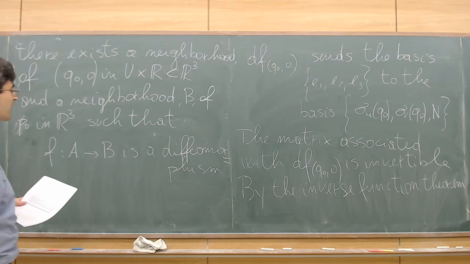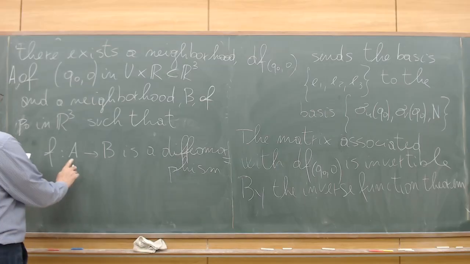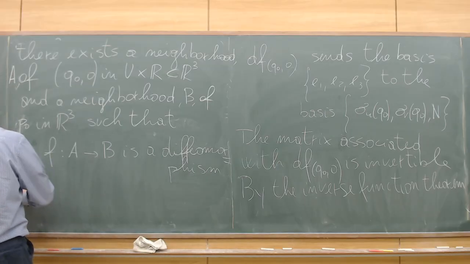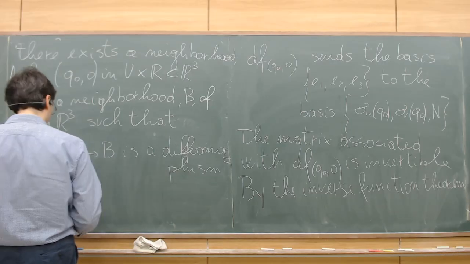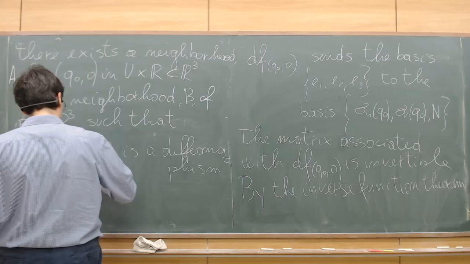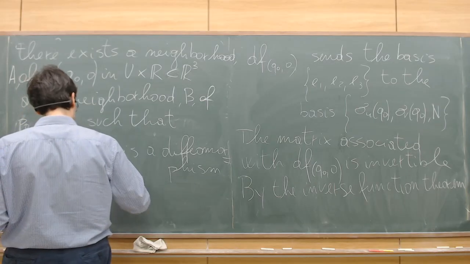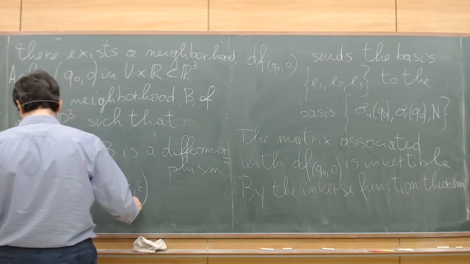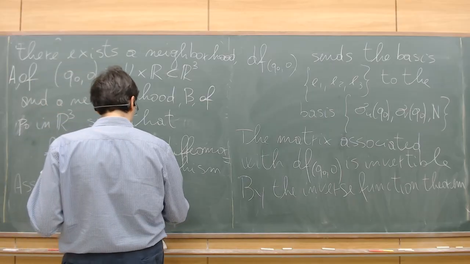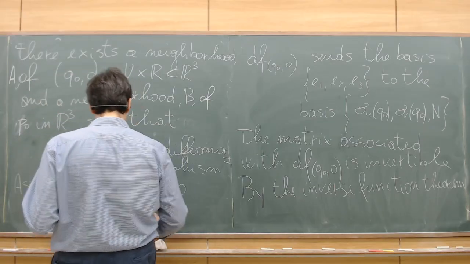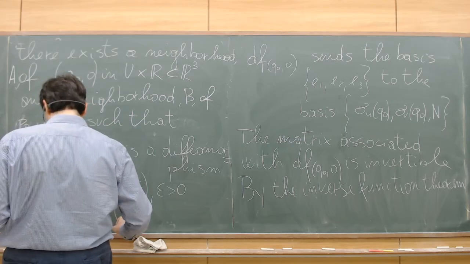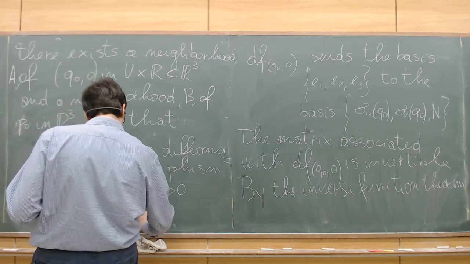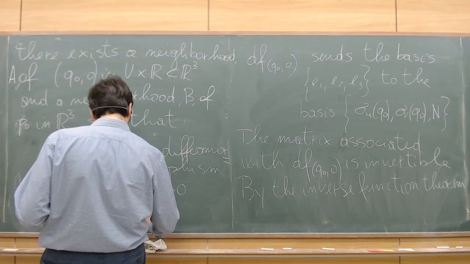Up to taking a smaller A, I can assume that A is a set having the following form: U tilde times minus epsilon, epsilon, with epsilon positive, and U tilde contained in U and containing Q0.